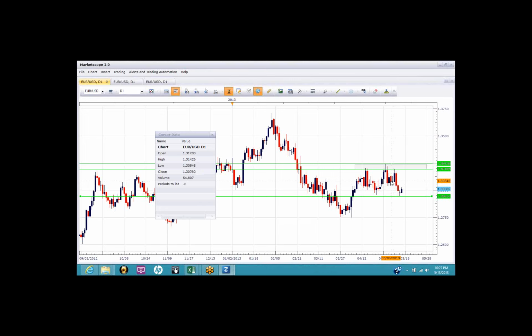Is this low lower compared to this low? Yes. Is the doji lower compared to the previous low? 29 and 30. No, it's not.